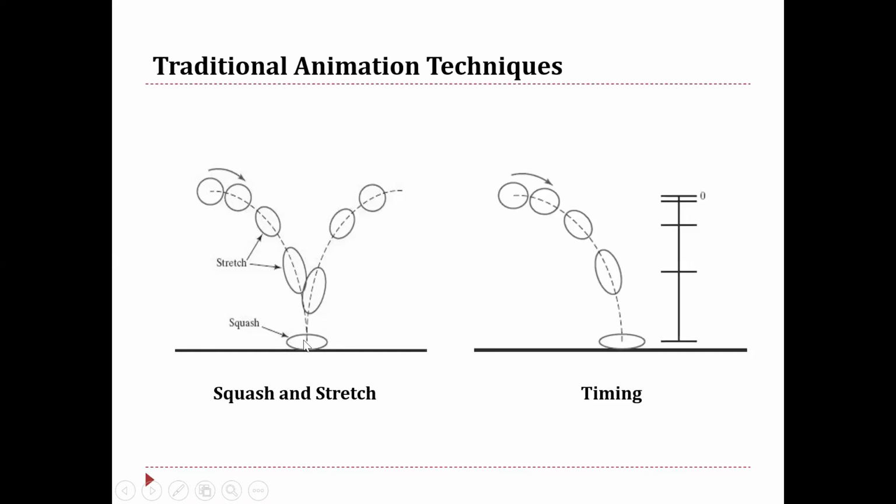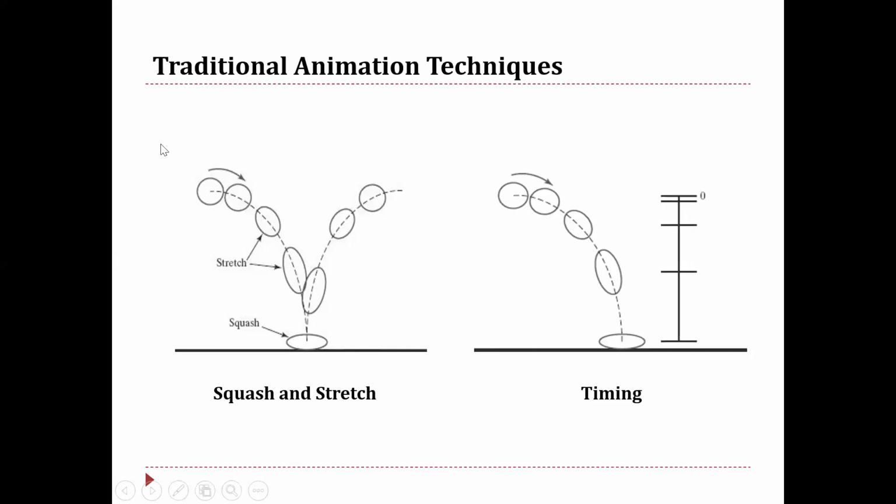That means it is squashed and then stretched. We can see that it is stretched out here again. Later, it is stretched again as it accelerates and bounces upwards. That means when I hit a ball on the ground, first it moves in the downward direction and then it comes up.